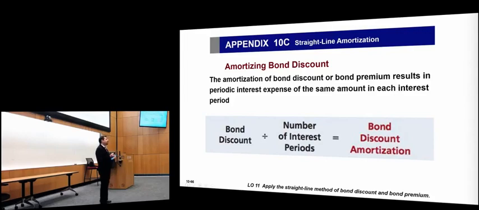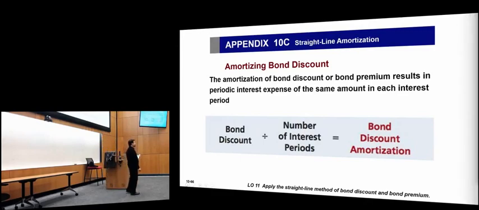We simply divide the discount or the premium by the number of interest payments. So, for example, for bonds, how often is interest paid? You guys remember that? Yes, semi-annually, which means twice a year.